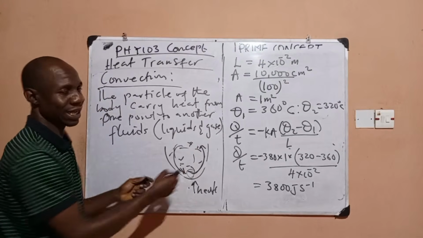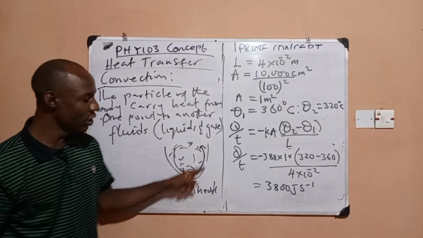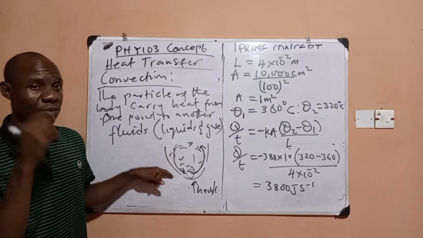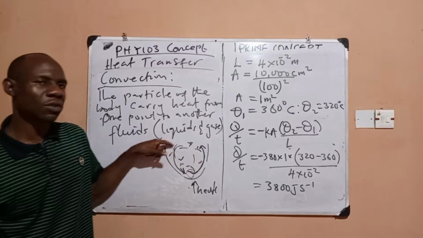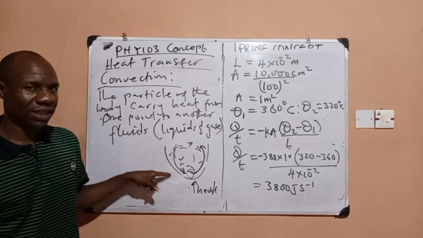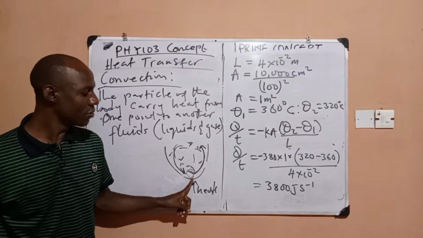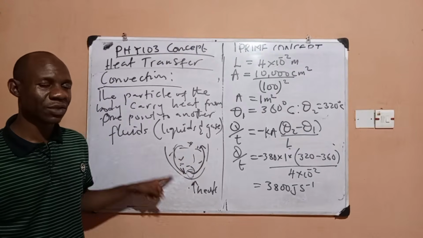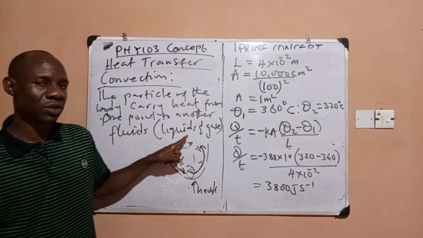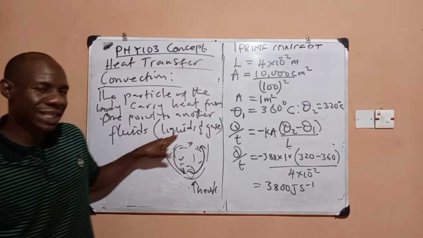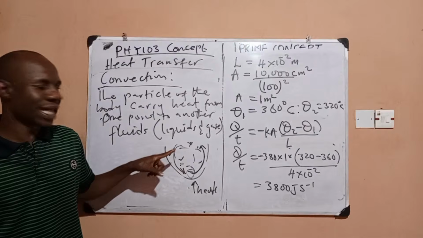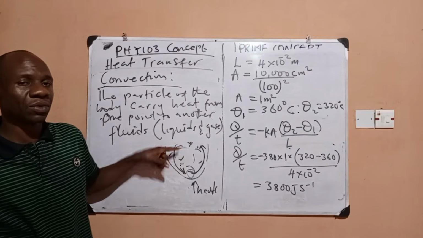This process of particles going up and the cold ones coming down is what you call convection current, the movement of the particles from a place of high heat to a place of low heat. That is what we call what? Convection current.